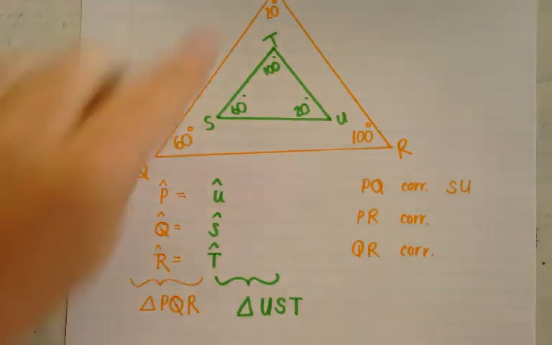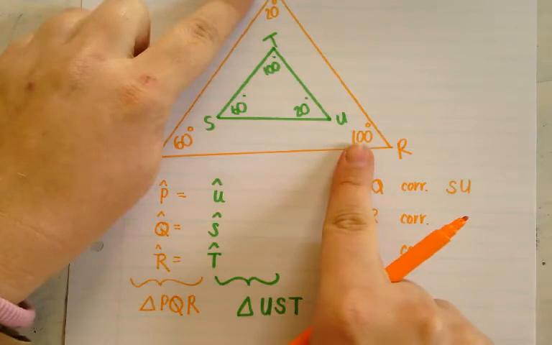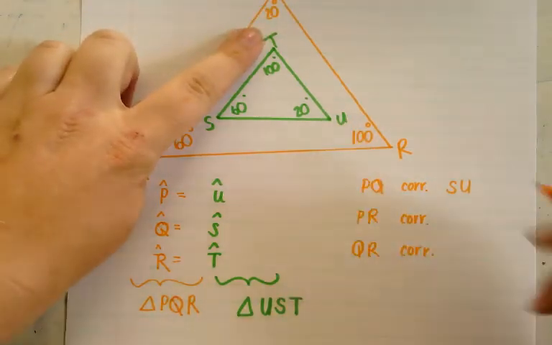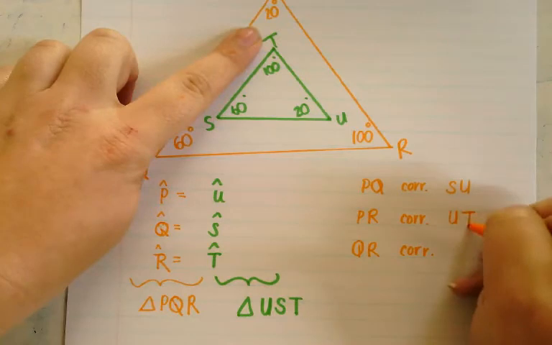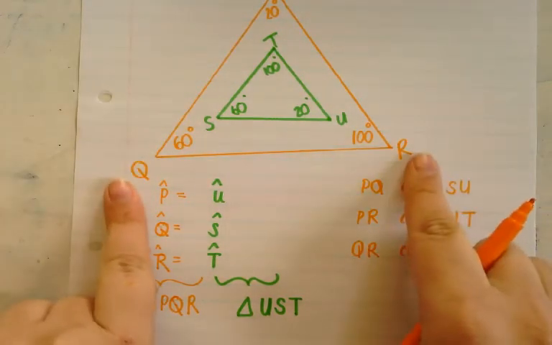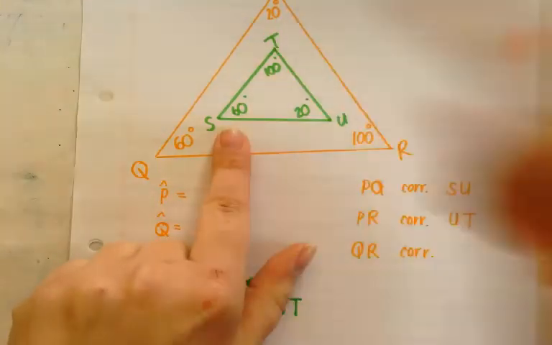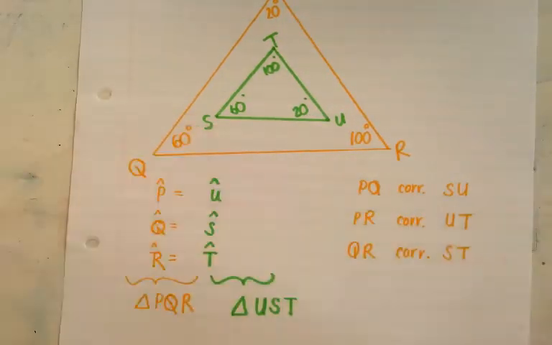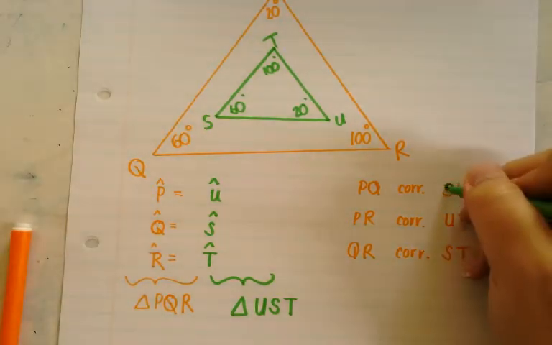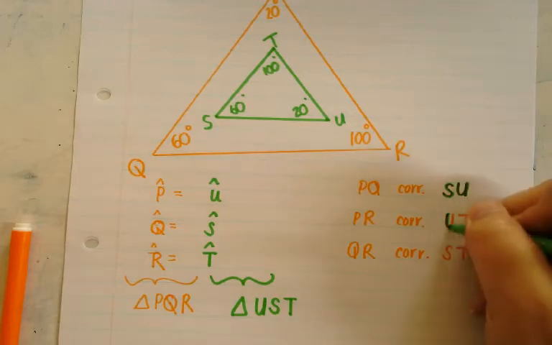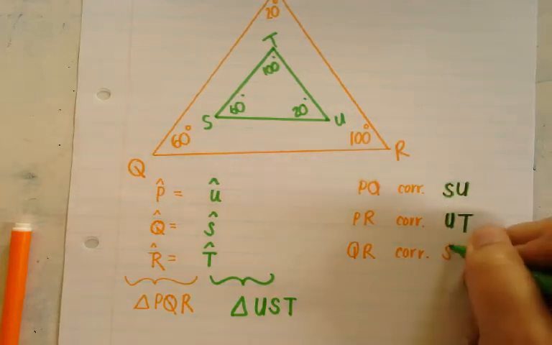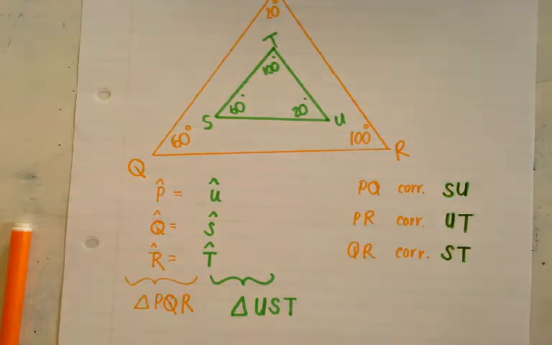P and R is 20 and 100, so that's going to be U and T. And Q and R is between 60 and 100, so 60 and 100 in the green triangle is S and T. So let me just quickly make those in green, so we know that those are my green triangle. So those are my matching sides.